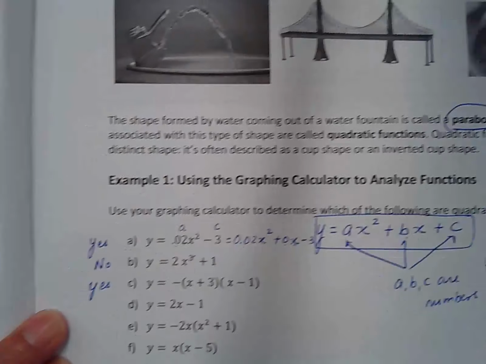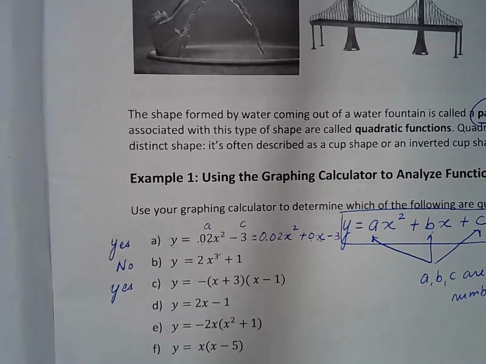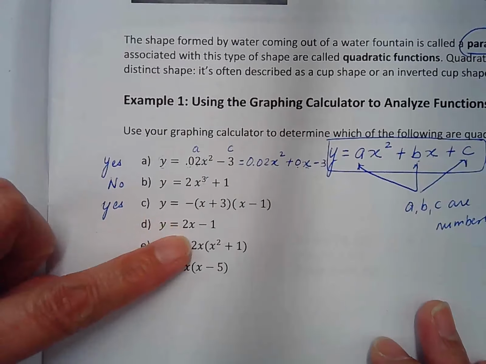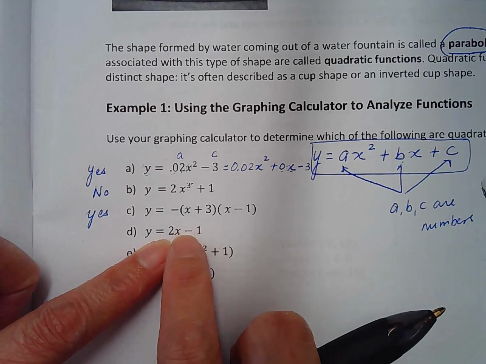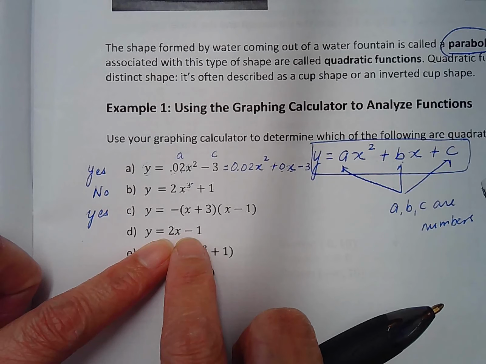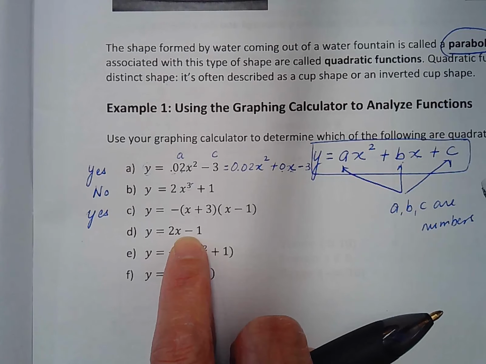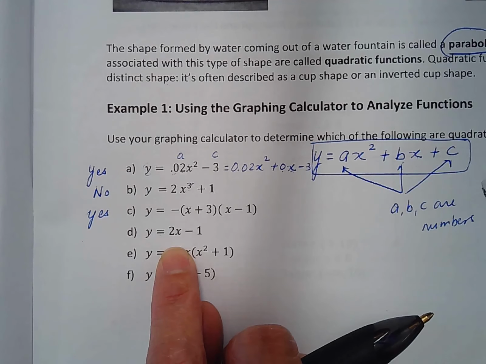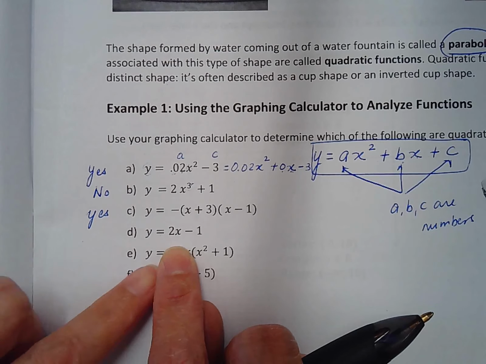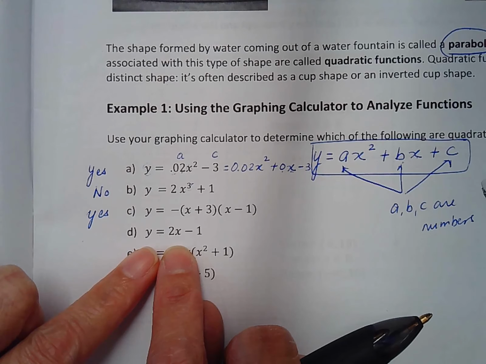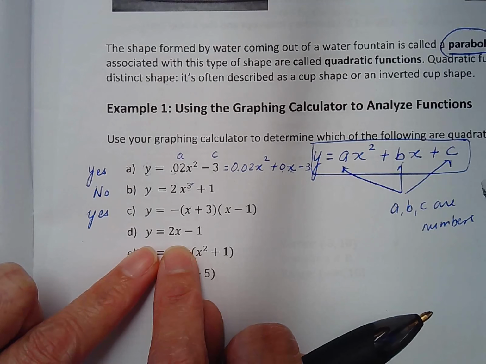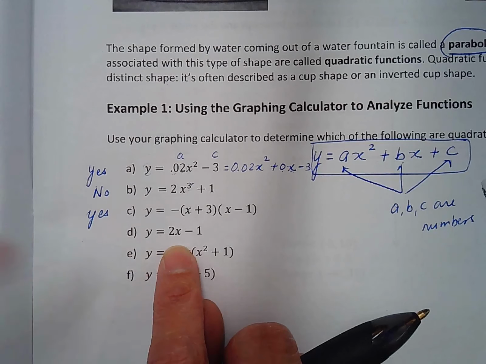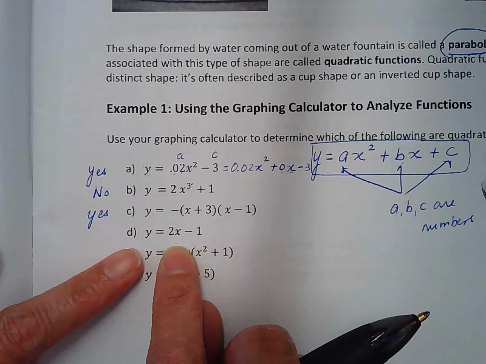Okay, now let's take a look at letter D. Does that look like a quadratic function to you? No? Why not? There is no square. There is no squared. So what do you think this is? Maybe linear. Yeah, that's going to be linear. Okay, did you realize that that's a linear function?